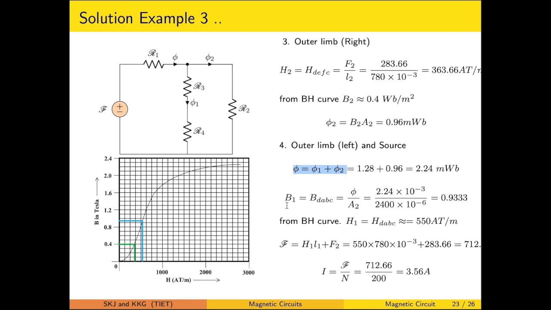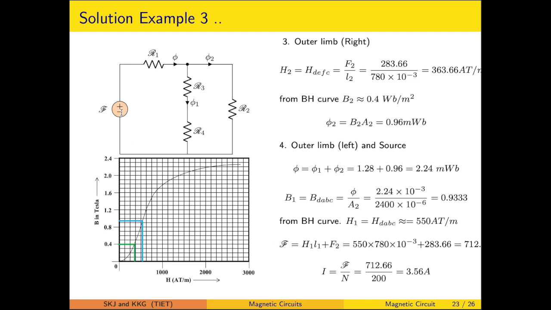Once the flux is known, the area of cross section for the left limb is also known, so we can calculate the B1. Again we will be utilizing the BH curve to find out the value of H, shown with the blue lines. This is coming out to be 550 ampere turn per meter.